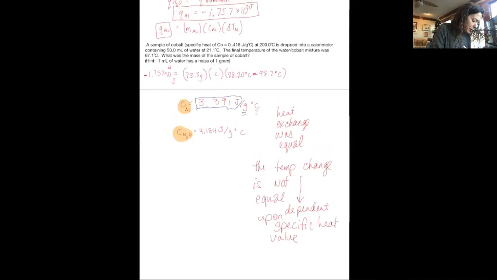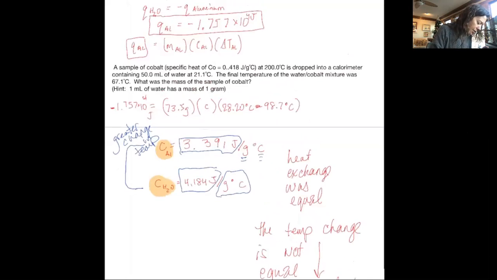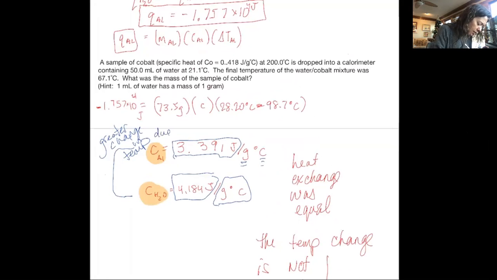However, it takes water 4.184 joules to raise 1 gram, 1 degree Celsius. Therefore, when I add the same amount of energy to both of these, I'm going to have a greater change in temp here due to the lower specific heat value. All right, and I think that can kind of end this for now.